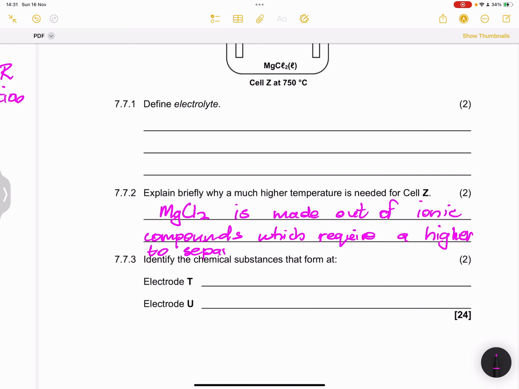Or you can say it requires more energy to melt. That's what a melting point actually means.